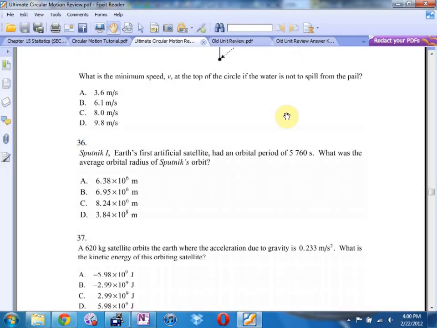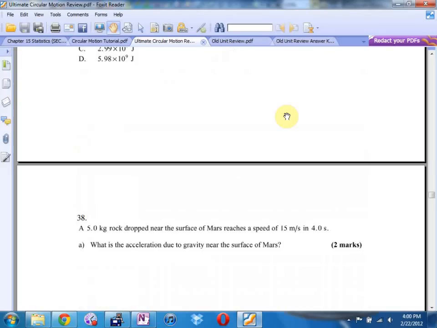So 36, here's an example where I tell you the period and say, hey, what's the radius? I think this one you're doing cube root, if I recall. 38.